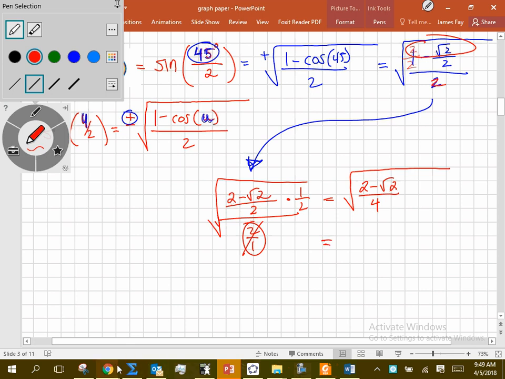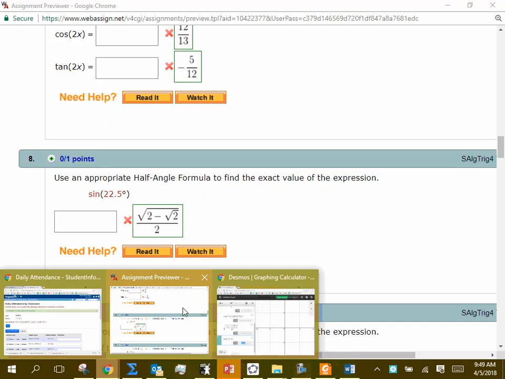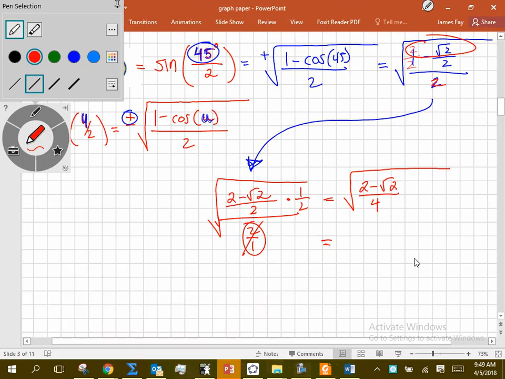And I'm just going to look at, because we can go further with this, but I want to see what Desmos is, Desmos is going a little bit further. And there's a couple approaches you can use here. But if I've got a fraction underneath the radical, can I write it this way? And it's because of our laws of exponents.